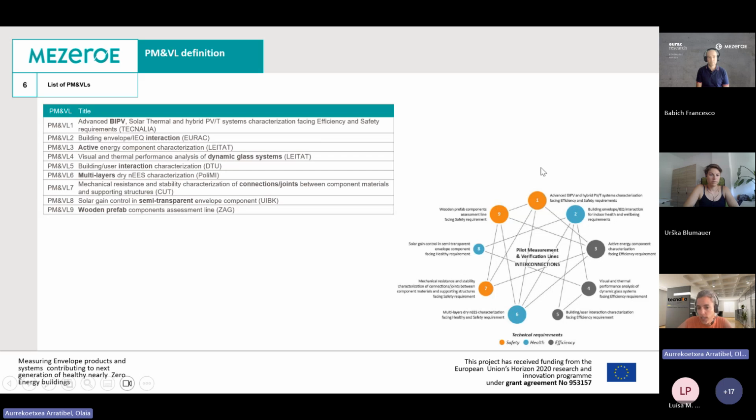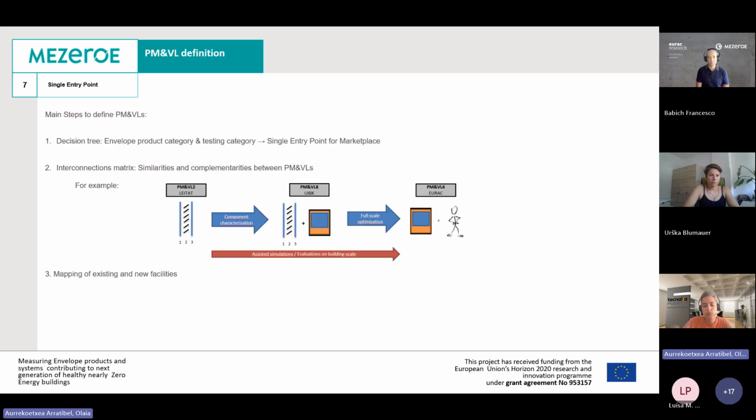And we also analyzed the interconnections between different pilot lines, because we believe that some of us may be focused on a component or at a product scale, and then the product could also be assessed at a system scale, or analyzed from the point of view of the system, but in interconnection with the building and the users of the building.